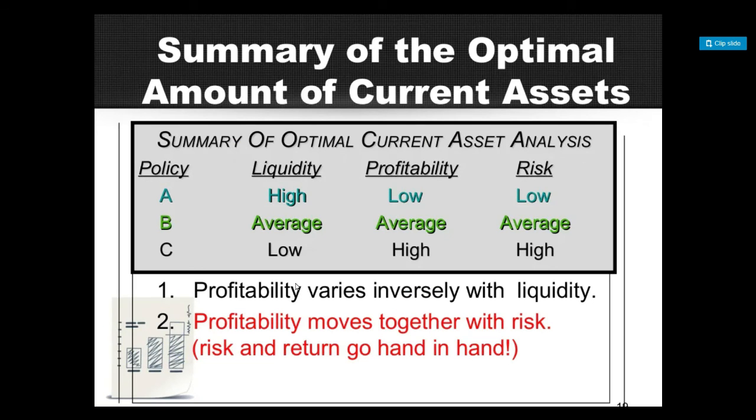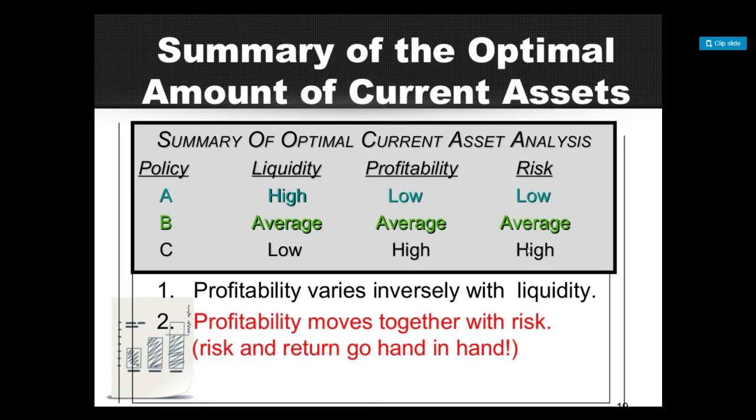The summary of the optimal amount of current assets: for policies A, B, C, liquidity is high, average and low. Profitability varies inversely with liquidity, right? Profitability always depends on liquidity. If liquidity is high, profitability will be low. If liquidity is average, profitability is average. If liquidity is low, profitability is high. As I told you, the rate of ROI will increase.